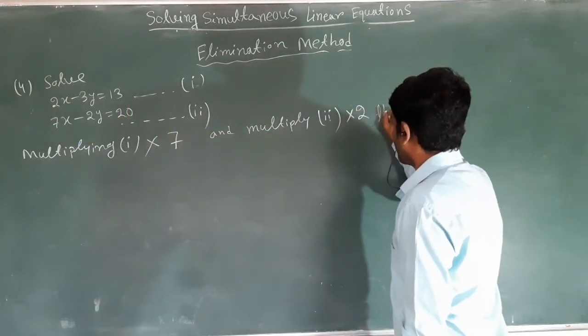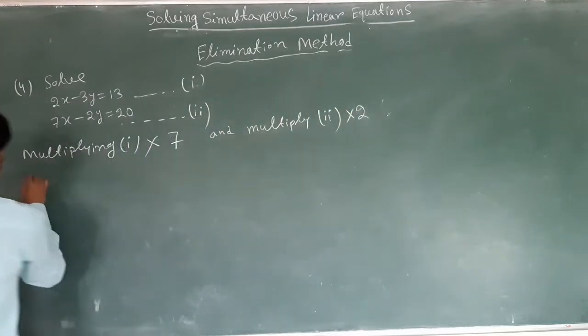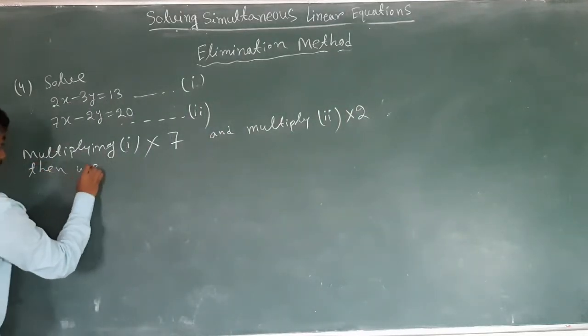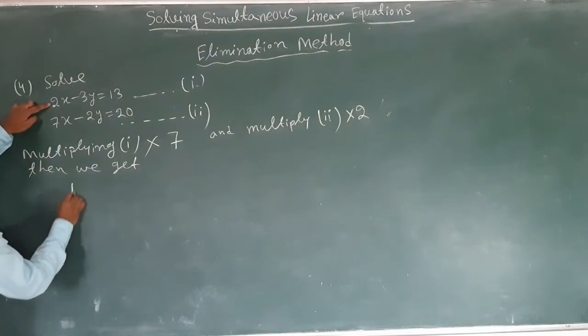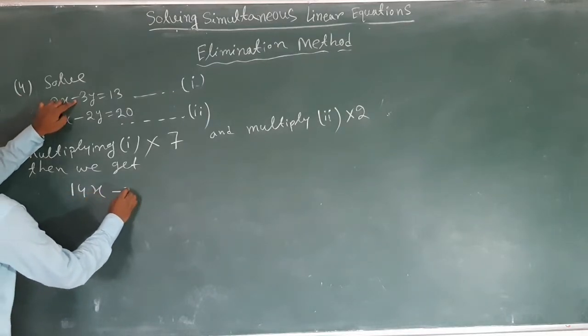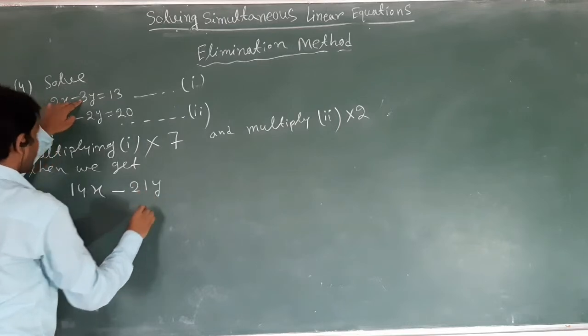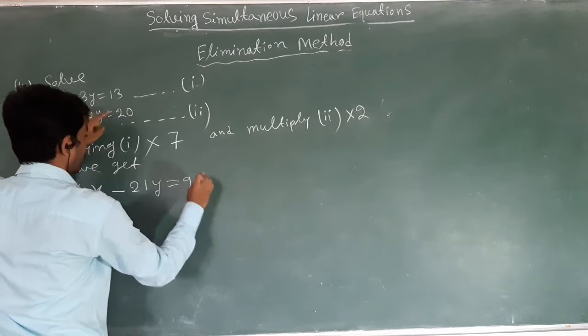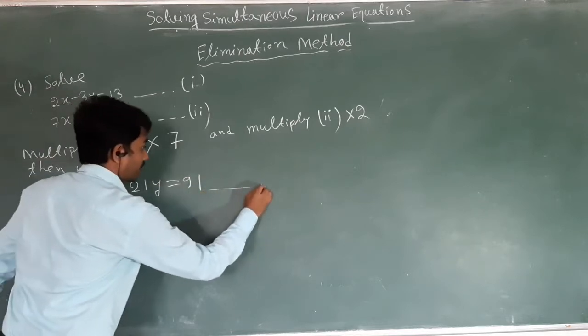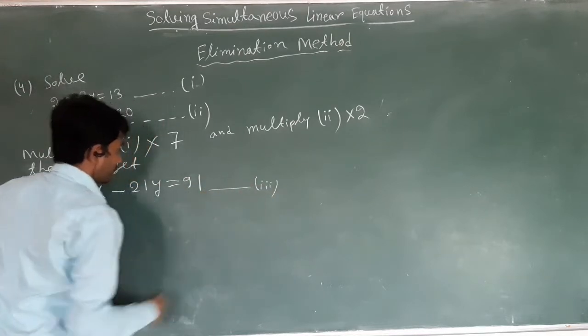Then we get 7 into 2, 14x minus 7 into 3, 21y is equal to 91. This is the new equation and this is the third equation.